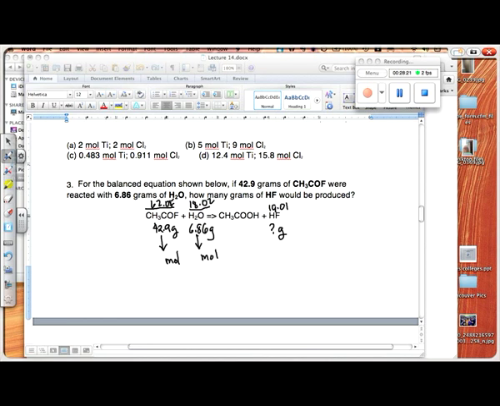Yes, 2 H's. Okay, so now take your 42.9. This is a mole chart step, divided by that 62.05. I can't even read my own handwriting. 0.691 moles is what I got for this one.